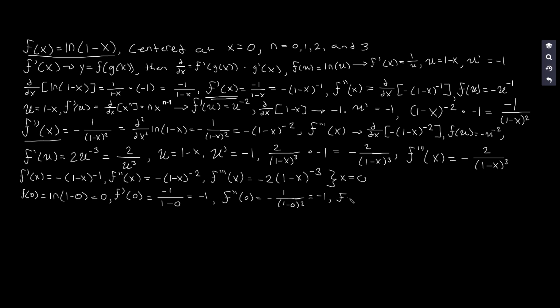And then we're going to go with f triple prime of 0, and that's going to be negative, and I'm just going to throw that 2 on top, over 1 minus 0 raised to the third power, right? And then upon evaluation, this is going to be negative 2.